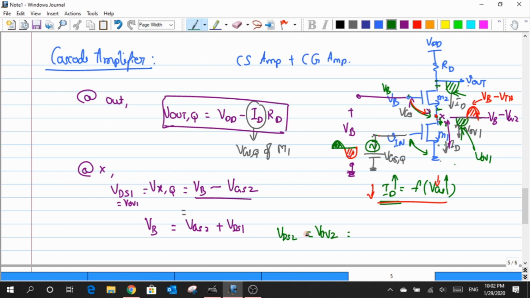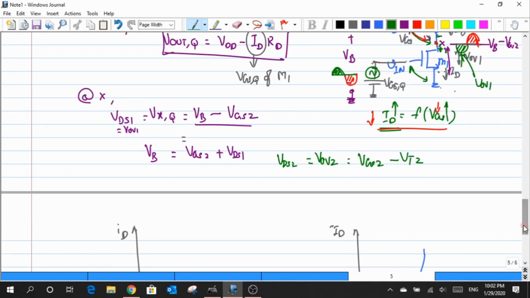In that particular condition, I would expand this VOV in terms of VGS2 minus VT2. Now, because we have a source on both sides, we could cancel out the source potential, and we would have a relation between the gate and the drain defined as VD2 is equal to VG2 minus VT2.